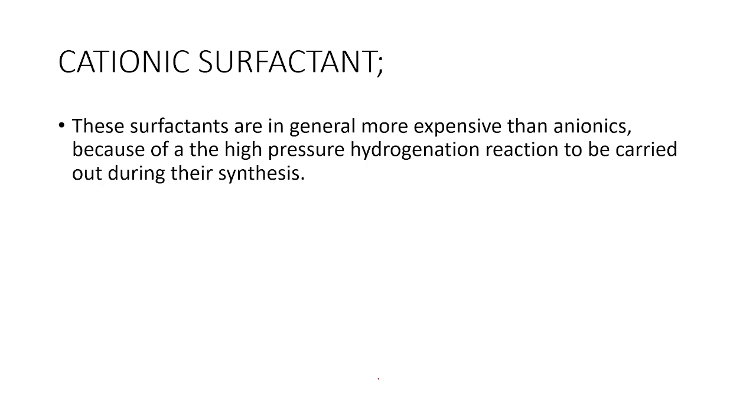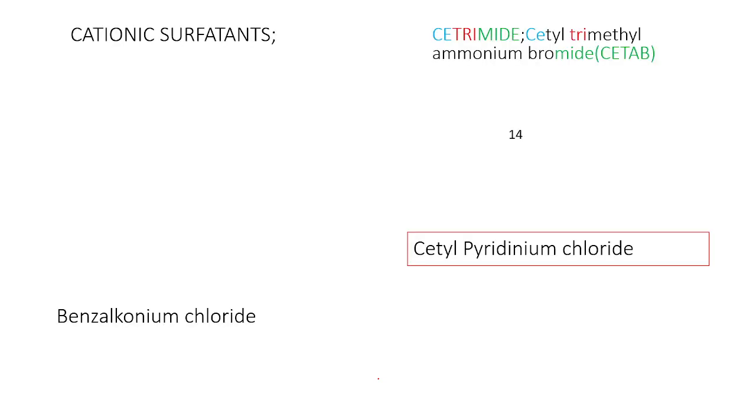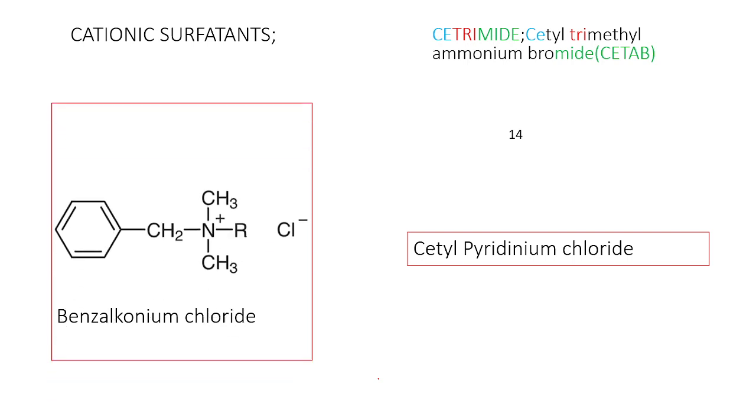Now, cationic surfactants. What are the different examples of cationic surfactants? Only three major cationic surfactants are useful in pharmacy. First and foremost is benzalkonium chloride.